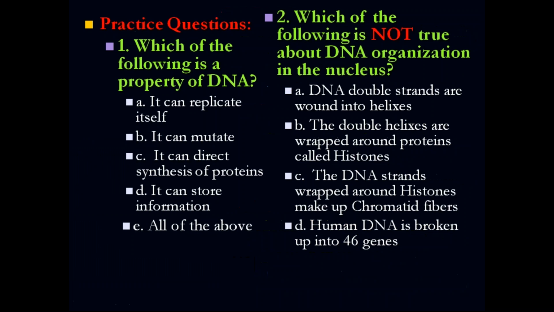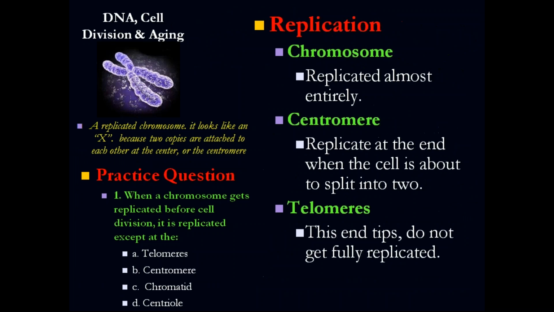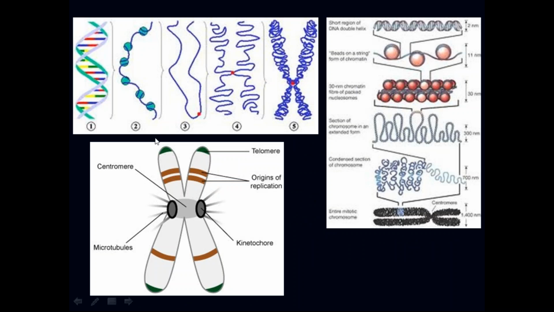All right, let's keep going. You have your practice questions. We have the DNA replication. You already know what the chromosome and the centromere are. The centromere is the portion of the chromosome that is going to have some activity. Look at this, this is the centromere. This centromere is going to be divided and multiplied during the cell division. The centromere is like holding all the branches of the chromosome.